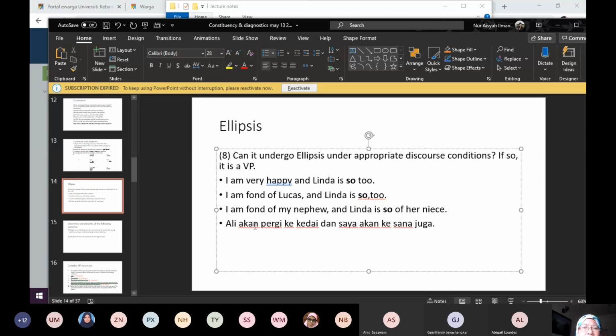So sebenarnya pergilah. It's a verb. So kat sini missing the verb lah. Tapi dia bukan proform lah, dia bukan macam so, tapi dia is empty there. So kat sini kita nak tulis dia macam kat situ ada something lah.